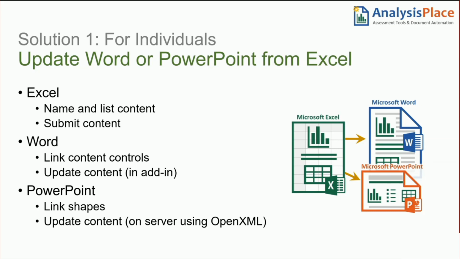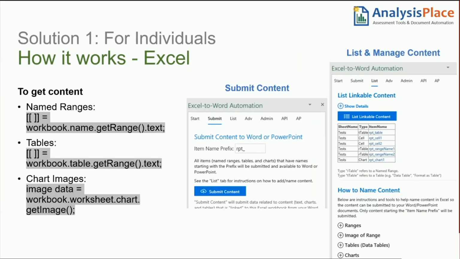In PowerPoint, you link shapes as opposed to content controls, and then you update content. But because PowerPoint doesn't have its own API, they're actually updated on our servers using OpenXML.